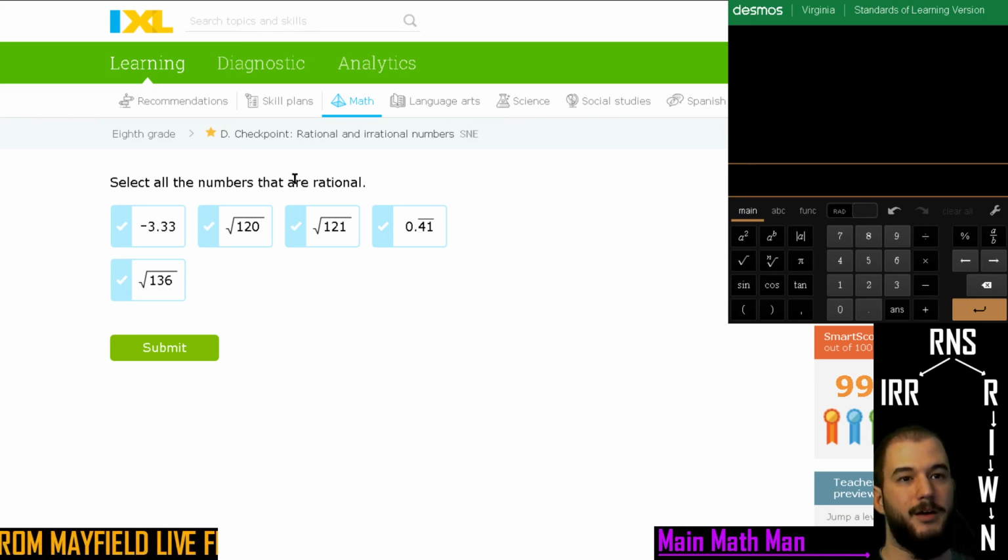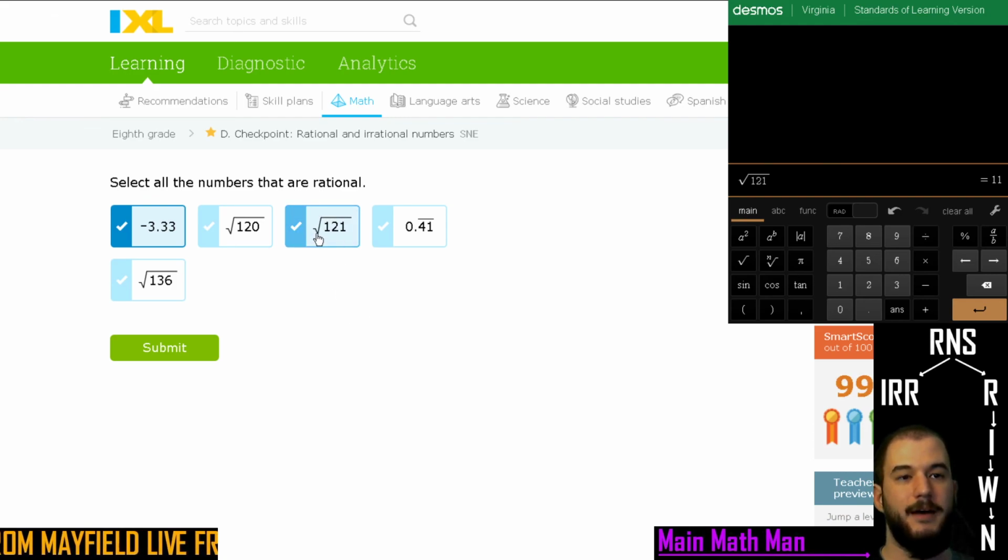Select all the numbers that are irrational. So I have an ending, or terminating, decimal. Let's check this square root. I have a square root of 120. Oh, let's back up. 120. That's not an integer, and so we're going to say that's not rational. However, the square root of 121, that's an integer, and so we are going to include it.